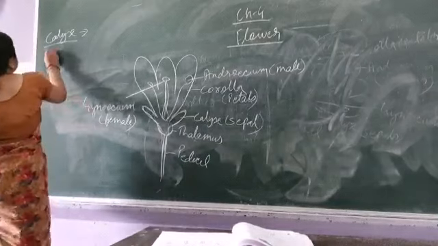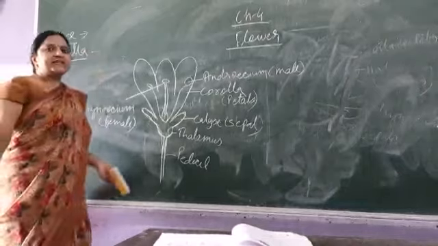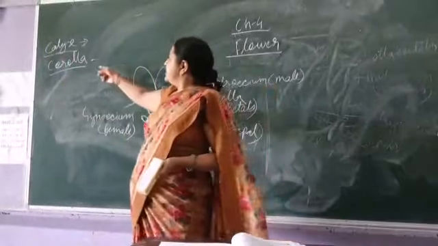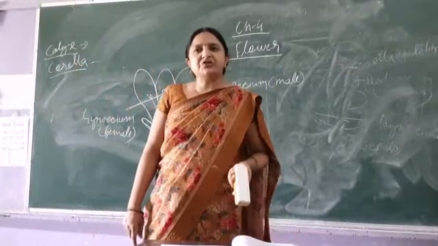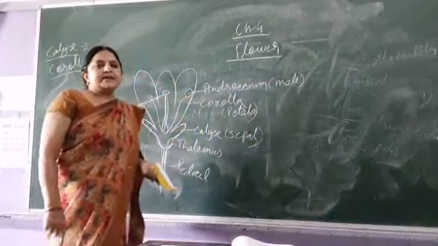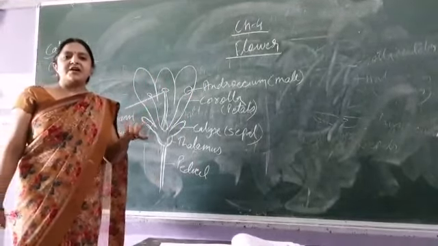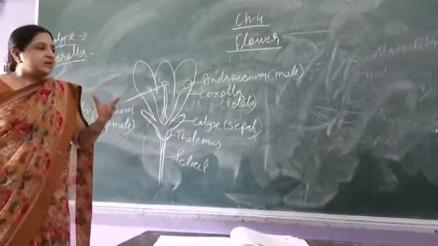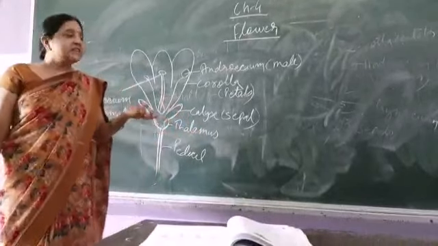And second is the corolla. Corolla is the colored part of the flower, and due to its color it is the attractive part of the flower, so it helps in the process of pollination. And we all know what pollination is. Pollination is the transfer of pollen grains from anthers of one flower to another flower, so that sexual reproduction takes place.